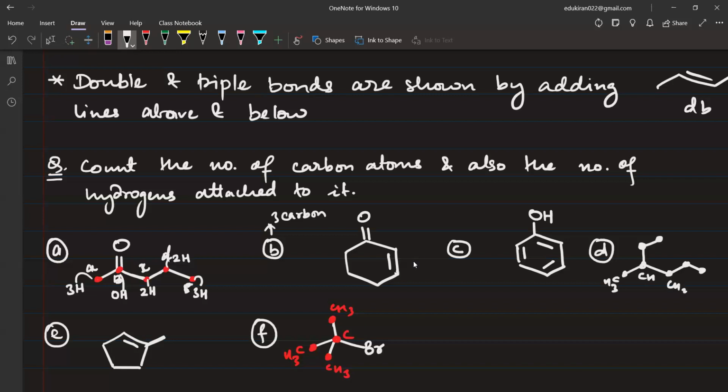This is going to be CH2, CH2, CH3. This is going to be CH2 and CH3. Rabia, you got this? Yes, sir. 7 carbon atoms, right? And similarly, you have missed this carbon atom in the E structure also, even though you made something different, but still you have missed that carbon atom, correct?